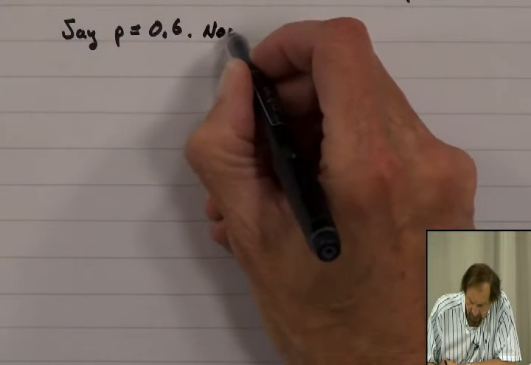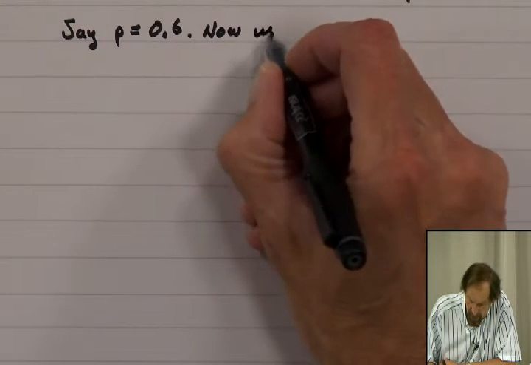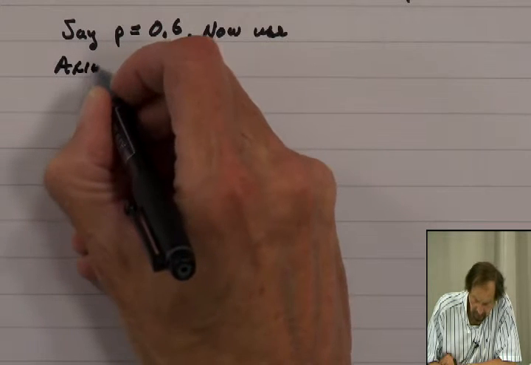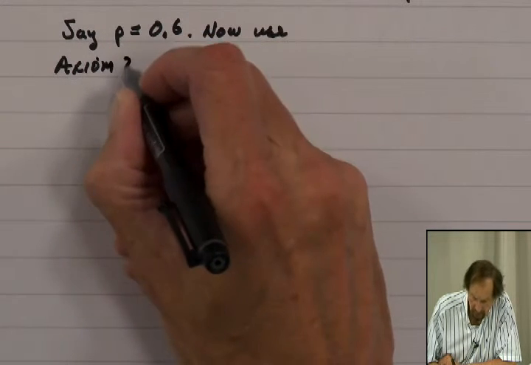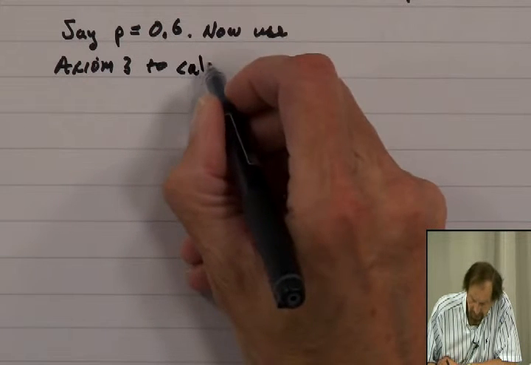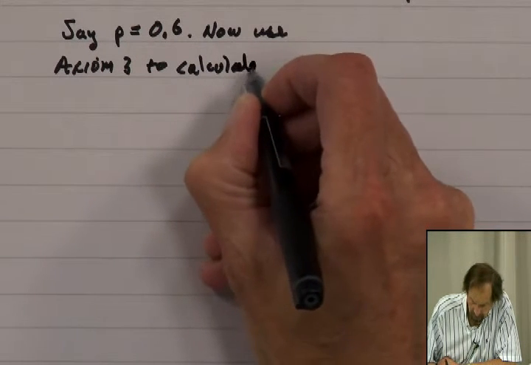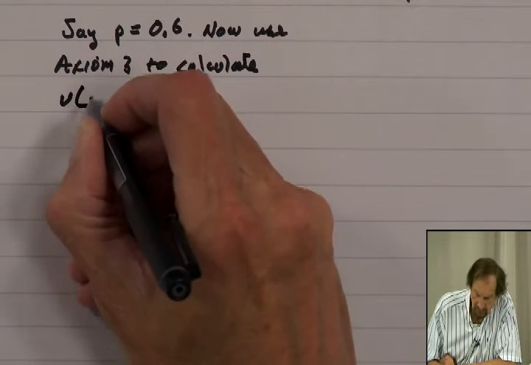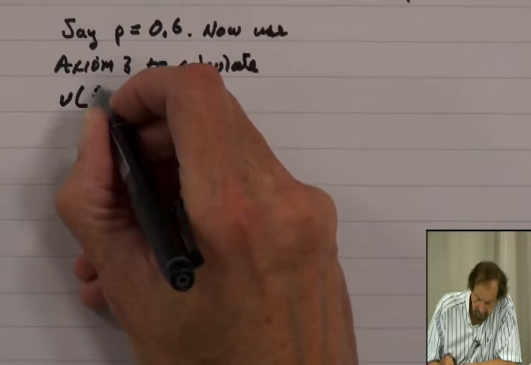Now, use axiom 3 to calculate the utility of $4,000.